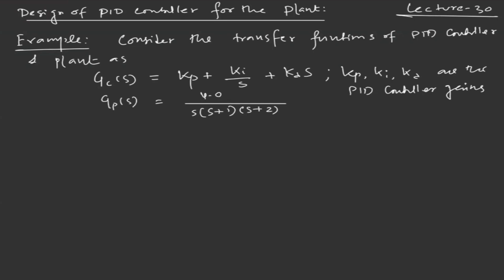If you look at the closed loop control system, this is how the controller transfer function and plant transfer function are arranged.